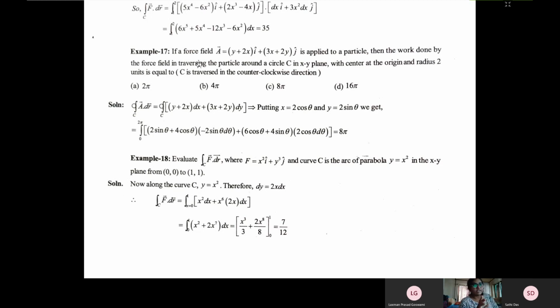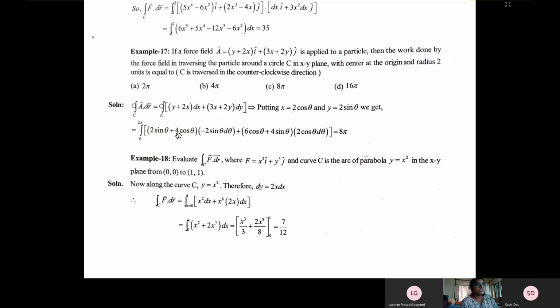Because the force field is a vector field here, in place of A you put y plus 2x i cap plus 3x plus 2y j cap. Now in place of dr you can write dx i cap plus dy j cap. So A dot dr will give you y plus 2x dx plus 3x plus 2y dy. Now put x equals r cos theta and y equals r sin theta, where r is given as 2 as r is the radius.